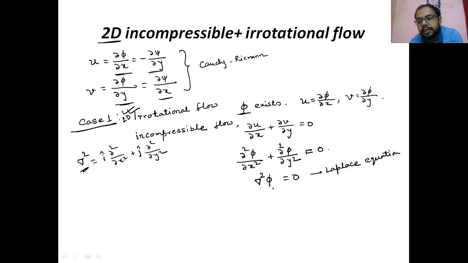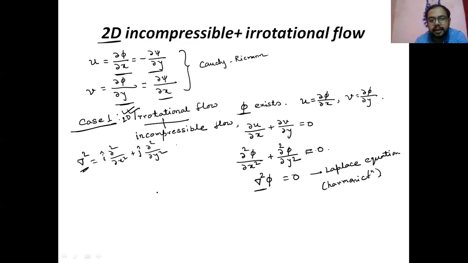So phi is a harmonic function. So for the case of irrotational plus incompressible flow, we are getting the Laplace equation.